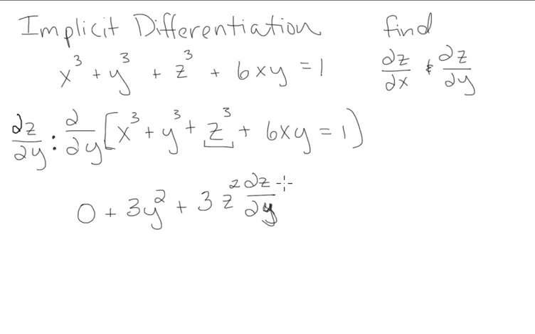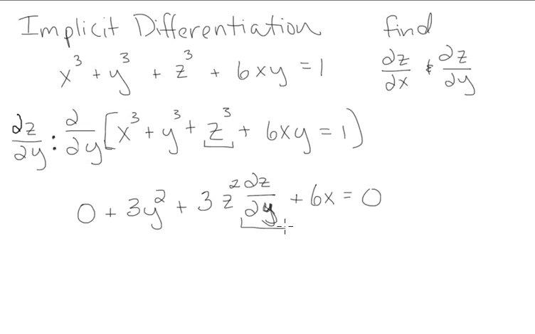I simply write that I'm using the chain rule here, and whenever I know how z and y are related, then I can worry about it. I look at this last term, there is a y there, so I take its derivative. Its derivative is 1. X is unrelated to y, so I can treat it as a constant. So this is 6x times the derivative of y, which is 1, and then it's equal to 0.